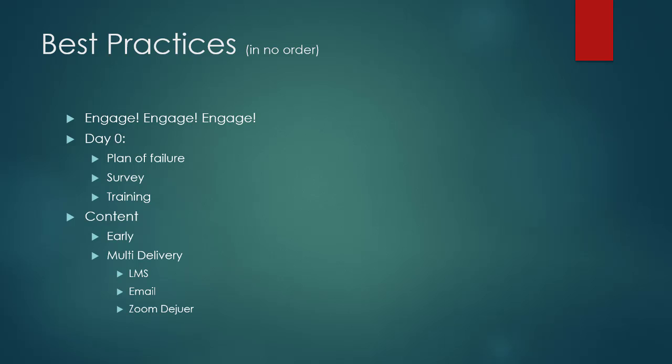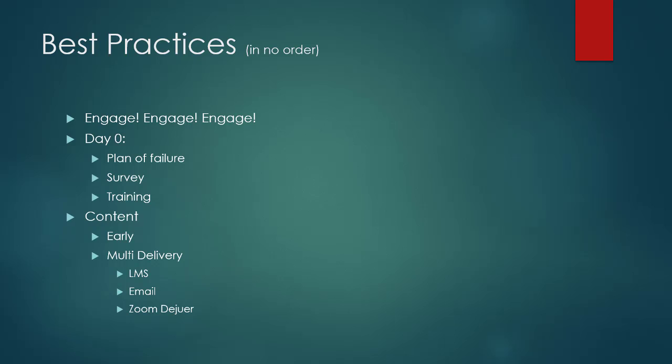And when we look at the content that we're delivering, you do it early if you can. Deliver it as many different ways as you can, and perhaps your students can be trained one way or another. You have your LMS that we have access to. Students should know this. If not, state in your syllabus that you need to be checking this class every day for material.